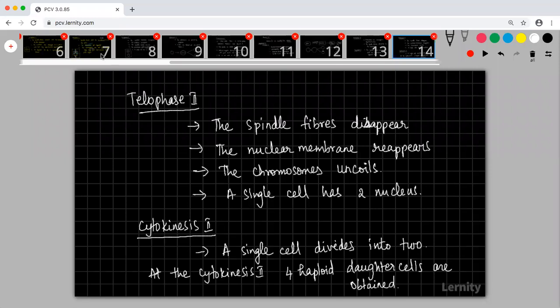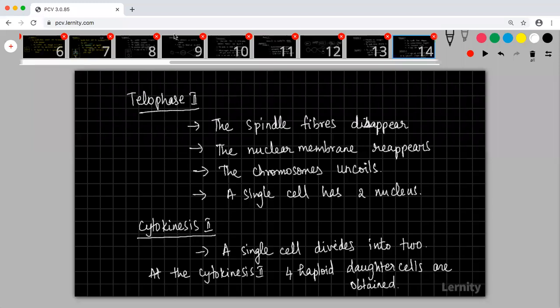It can be either through furrow formation or through cell plate formation. In plants, it is cell plate. In animal cells, it is furrow. Okay, so this is bringing us to the end of meiosis completely.